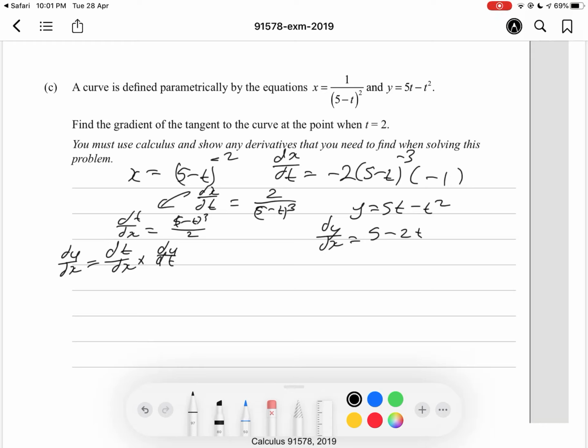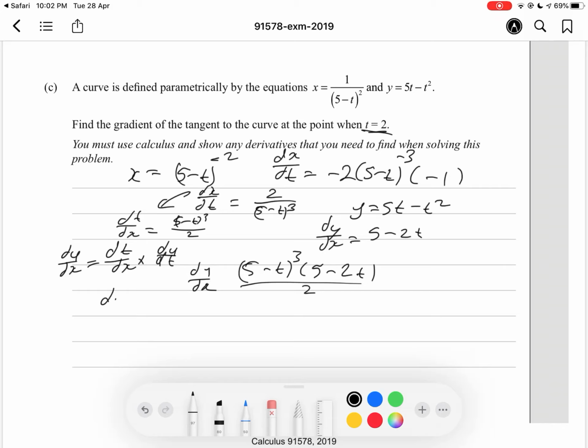Sorry, my bad, dy over dt. So the dt and dt will cancel out. So we'll have (5 minus t) to the power of 3 times (5 minus 2t) over 2. So that's our dy over dx.